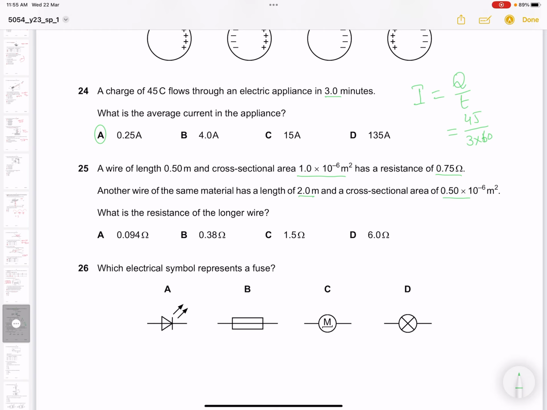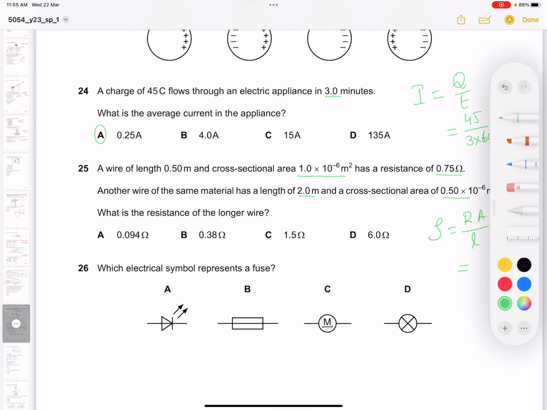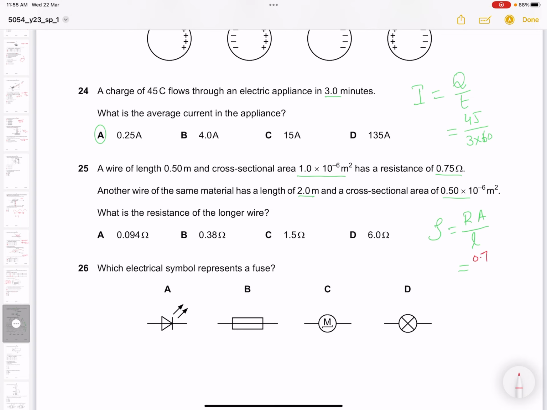First, let's find out the resistivity. We know that the formula for resistivity is resistivity equals resistance multiplied by cross-sectional area divided by length. Resistance is 0.75, cross-sectional area is 1.0 times 10 power minus 6 square meter, over length.